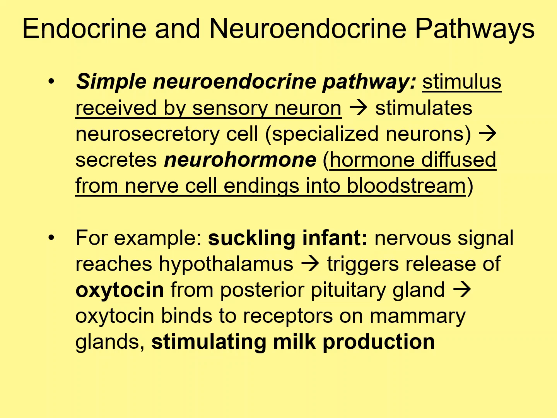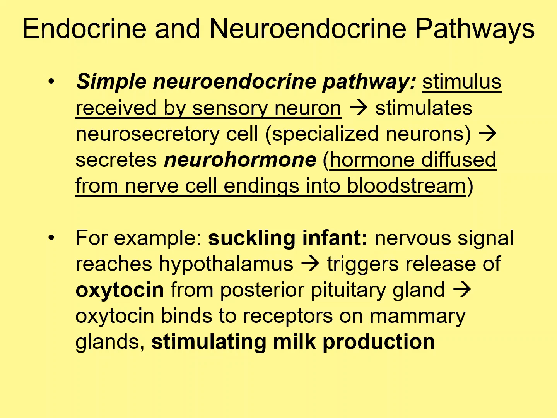Your adrenal gland is another example of a neuroendocrine pathway, or I should say not your adrenal gland, but the pathway to the adrenal medulla, which is the part of your adrenal gland that makes epinephrine. You have nerves going directly from your brain to the medulla of your adrenal gland, which is the center bit.